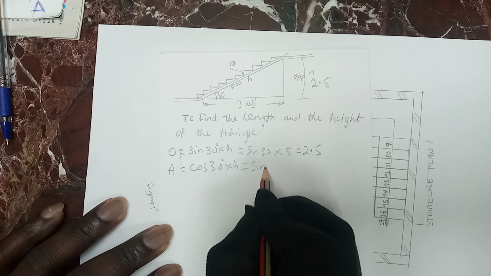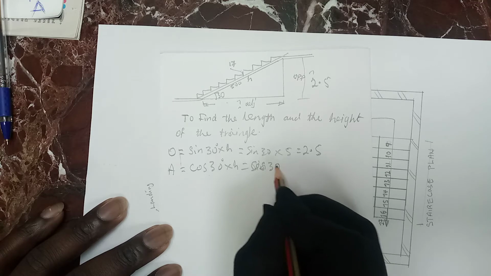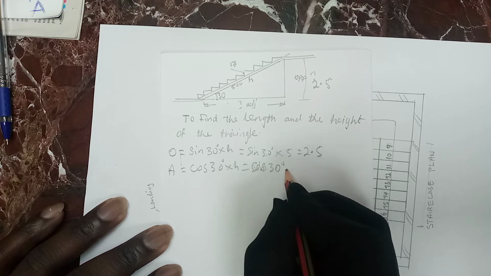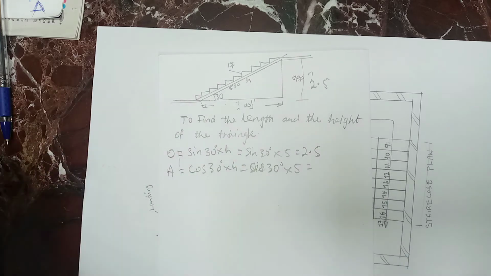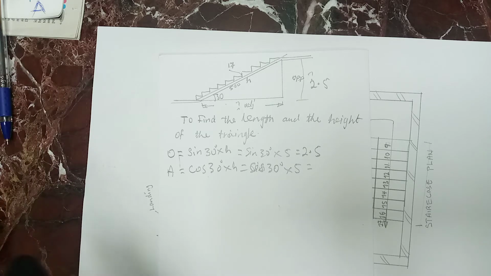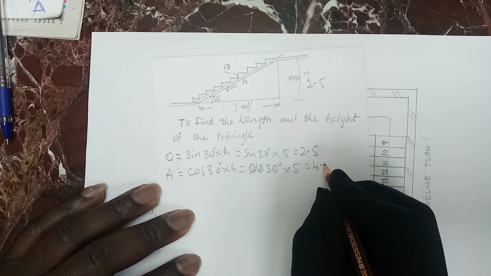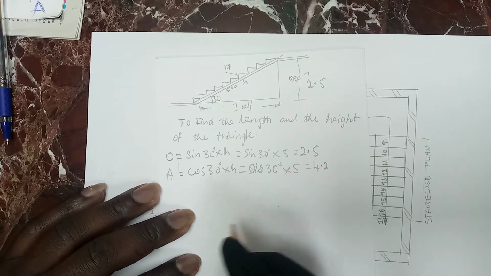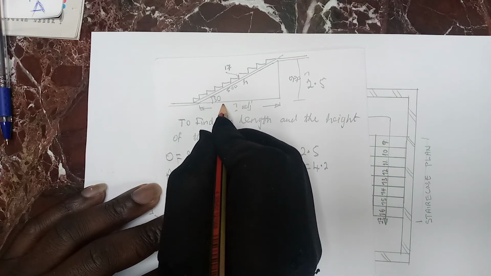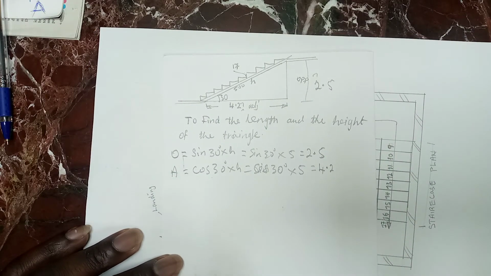This is cos 30 multiplied by 5, which is 4.2. This is the length, 4.2. You see, guys, this is very simple.